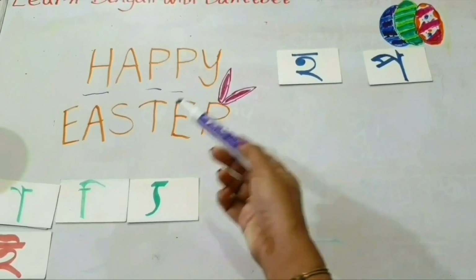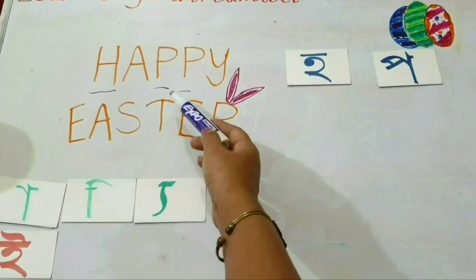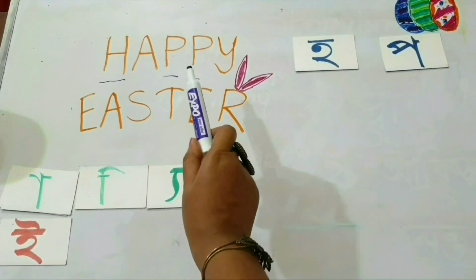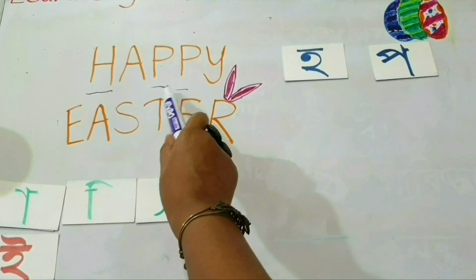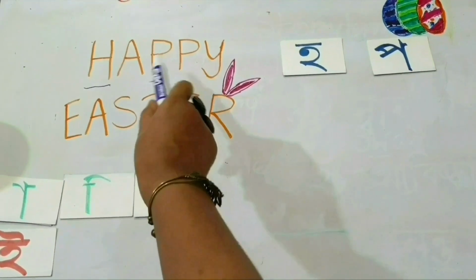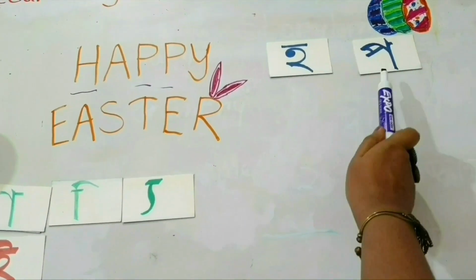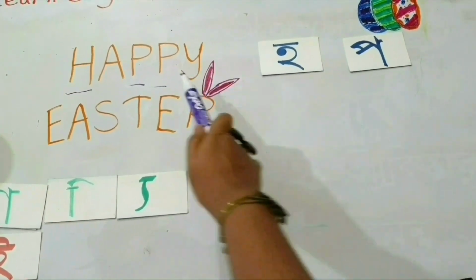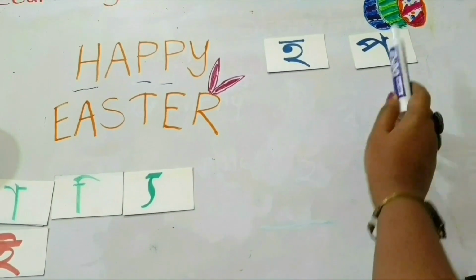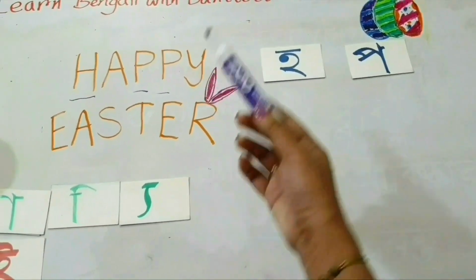But we are using only one P sound. There are two P letters, but we are just using one P sound. That's why we will consider it as a single letter. We will not consider that there are two P's here. That's why we have put one P only, because the second one is just silent. So one pa, ha, pa.